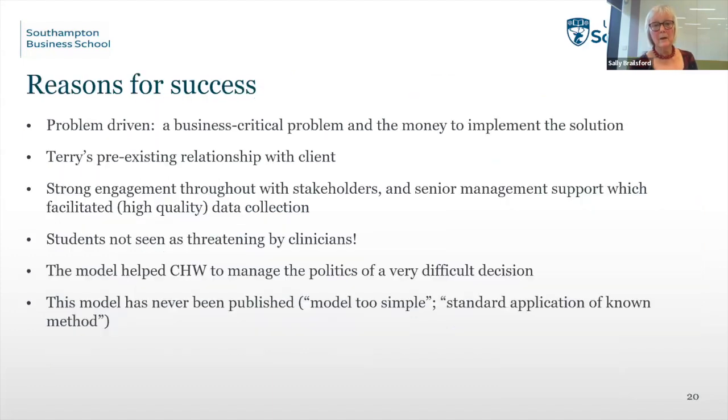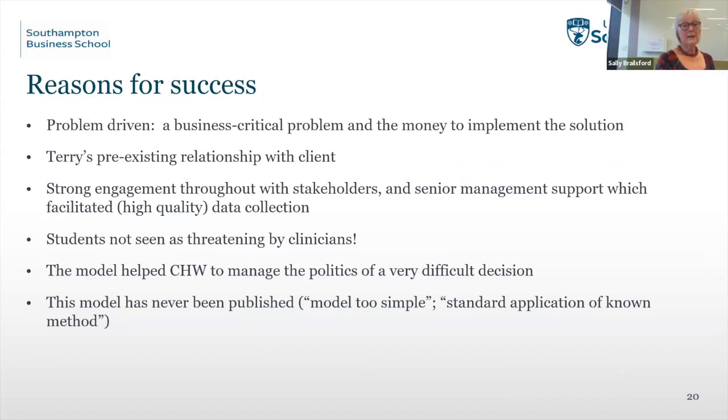So again, why do I think that was successful? Again, it came from a real world problem. Fortunately, Terry had a long-standing relationship, because he'd supervised the client's DBA, so there was a good trust relationship between him and the client, who wasn't a doctor but a senior manager. He thought that modelling was really useful, which was brilliant.